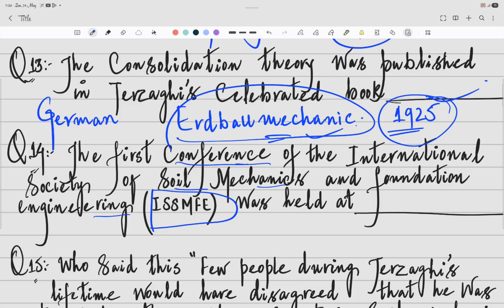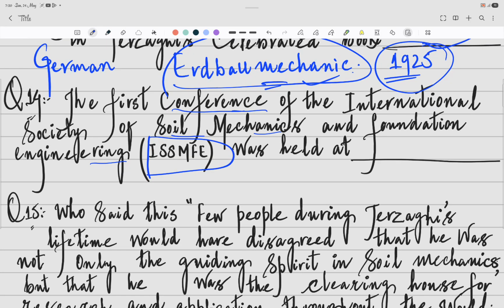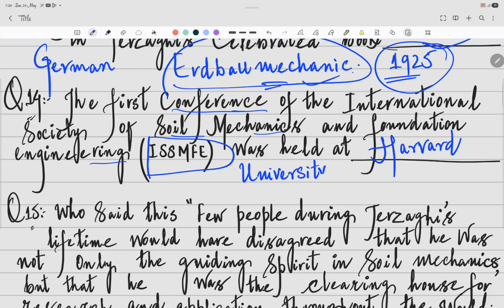We know that the first conference of the International Society of Soil Mechanics and Foundation Engineering was held at Harvard University in the year 1936 with Dr. Terzaghi presiding.